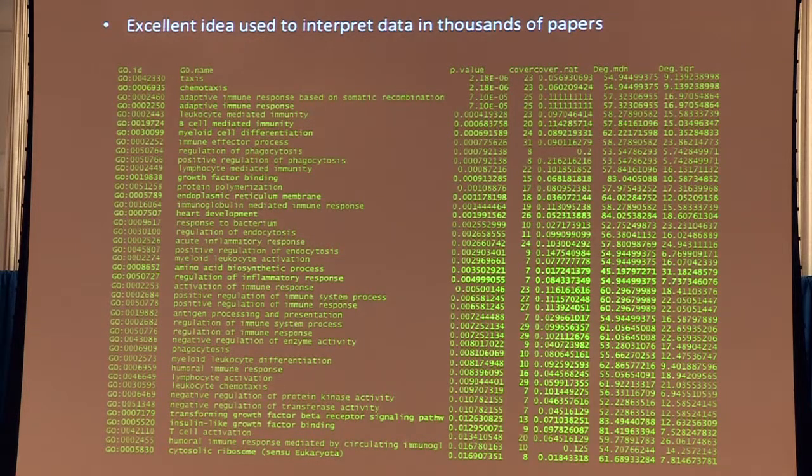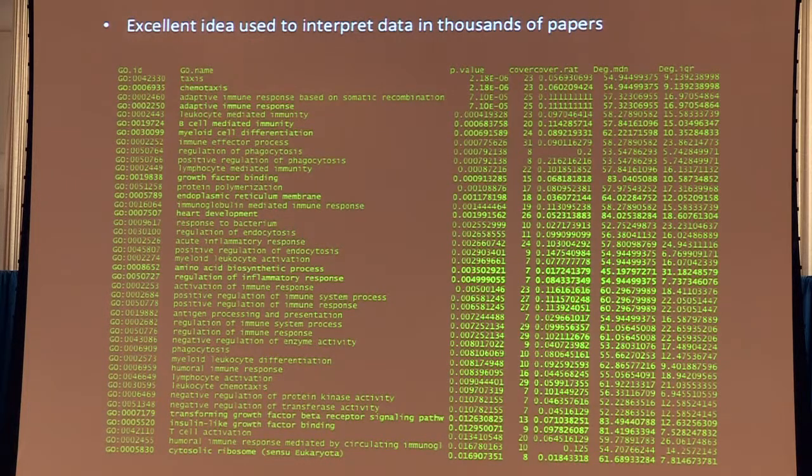But one of the problems with working with this type of information is that there's a lot of redundancy in these lists. For instance, you can see immune effector process and myeloid cell differentiation. If you're a biologist, you might recognize that those are both related to the immune system. If you don't know all of the terms, then you might not recognize that. But it's important to recognize that those are related, and they probably have a lot of genes in common.